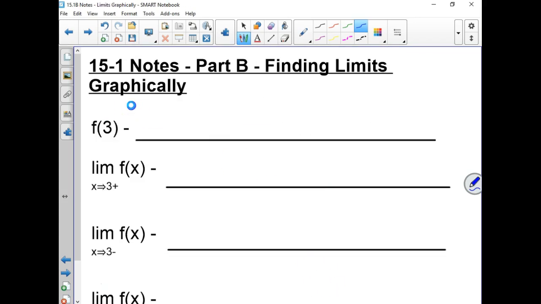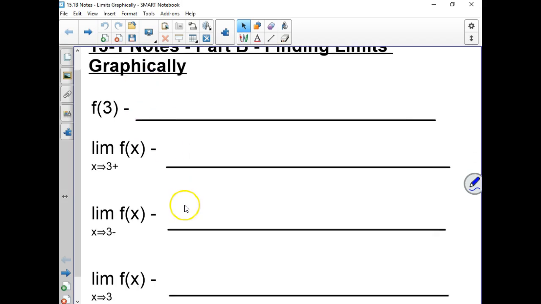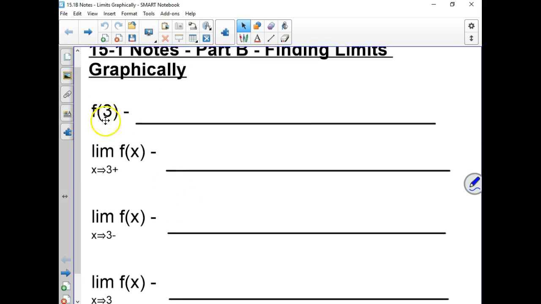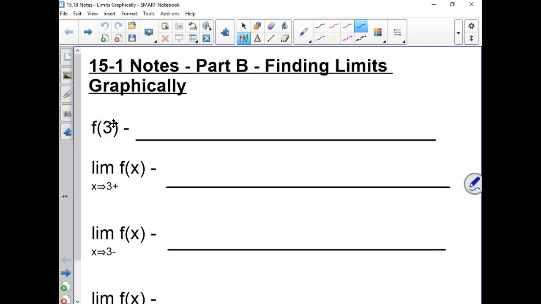Graphically, this is much quicker to do because you're just looking at the graph, so it's much quicker than the ones with the calculator. So just a little notation first, which we've just done the other part, so this shouldn't be so bad. If I have f of x, or f of 3, this is something that we've done for a long time.